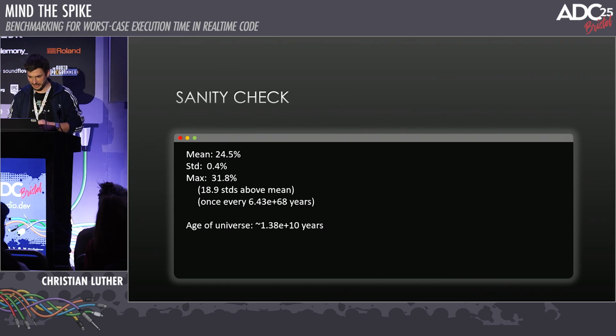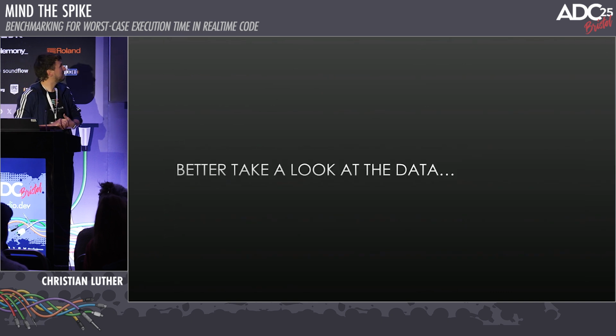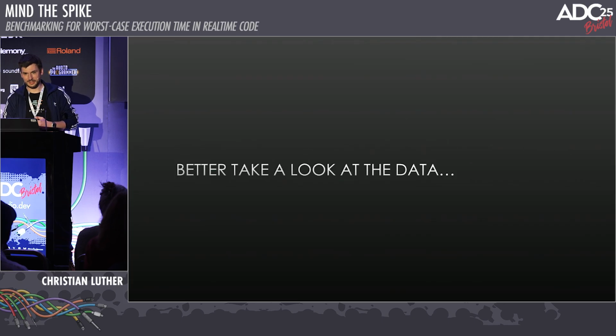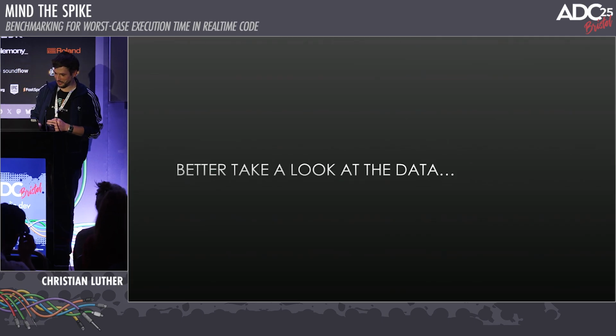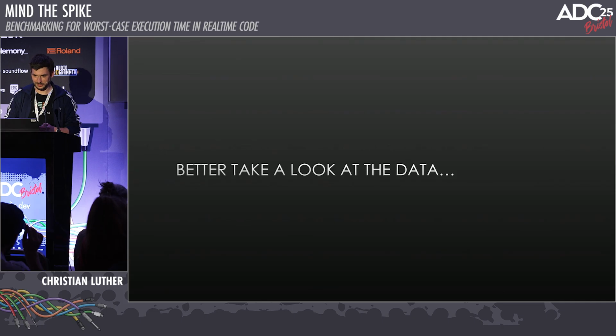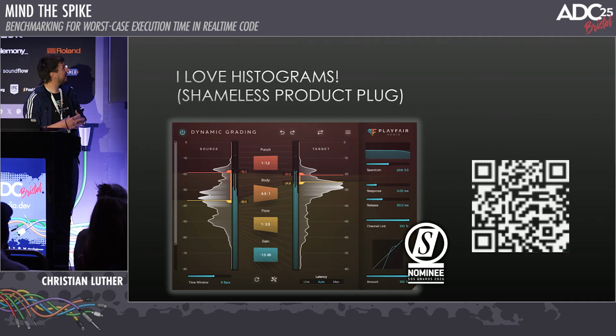We don't really know. So at this point, it's probably better to look at the whole data instead of these aggregate measures. And if you know my work, you might know that one way to look at it is a histogram, and I love histograms. I built a whole product around that.